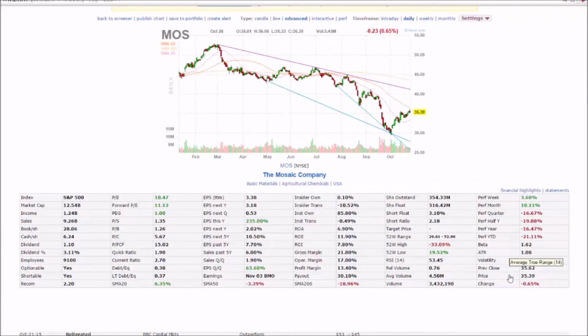So it makes sense to research this company over a longer term, because Mosaic is a company which, I think, produces potash, and it's used to fertilize land in order to grow food and so on.